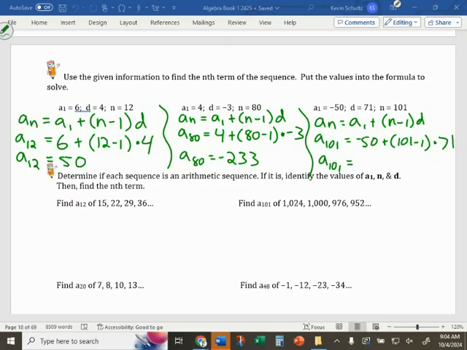Well, that's not right. Try that one again. Olivia? I got 7,050. That's what I got. If you did not get 7,050 and don't know why, ask a neighbor if you can't figure it out.